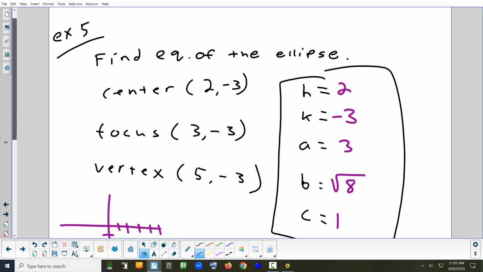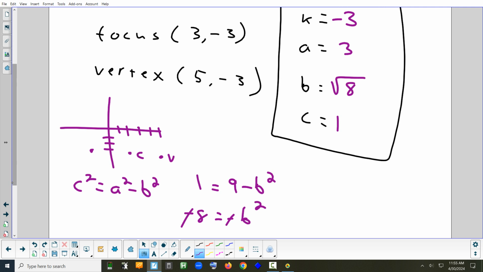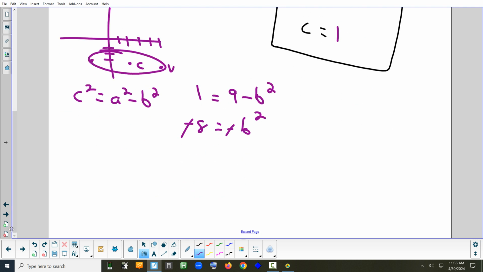What's the other thing that we need to know? Because we've got all the numbers now, but we got to know something else. Right, we got to figure out, is it the horizontal formula or the vertical formula? Yeah, it's definitely the horizontal because your ellipse is right there. So horizontal formula. You're going to have x minus h squared. What's going to be in the parentheses of my second numerator?